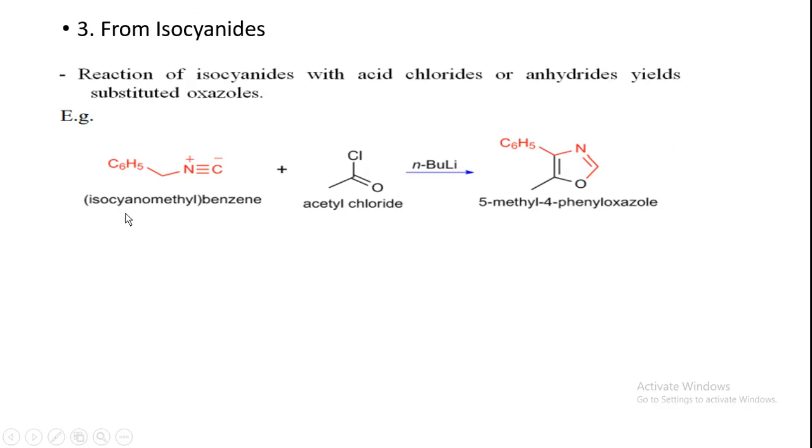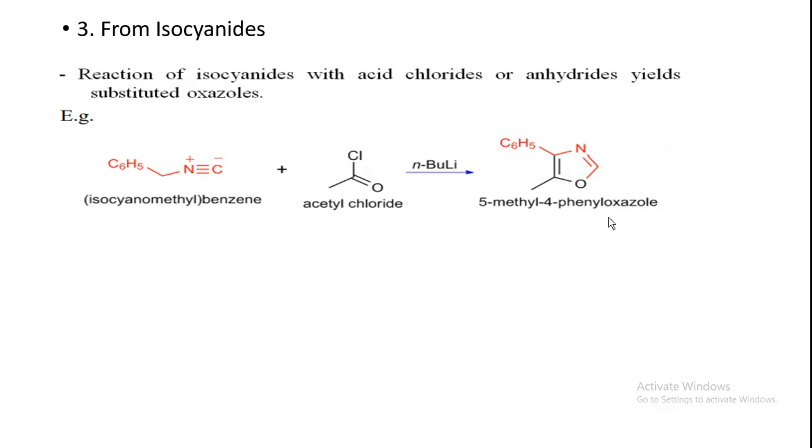Here it is isocyanomethyl benzene and acetyl chloride, which react in the presence of n-butyl lithium, and it forms 5-methyl-4-phenyl oxazole. You can see C6H5, this carbon, then N, then again C, and this C is connected to this oxygen, and chlorine came out. So ultimately you are getting the 5-methyl-4-phenyl oxazole compound.